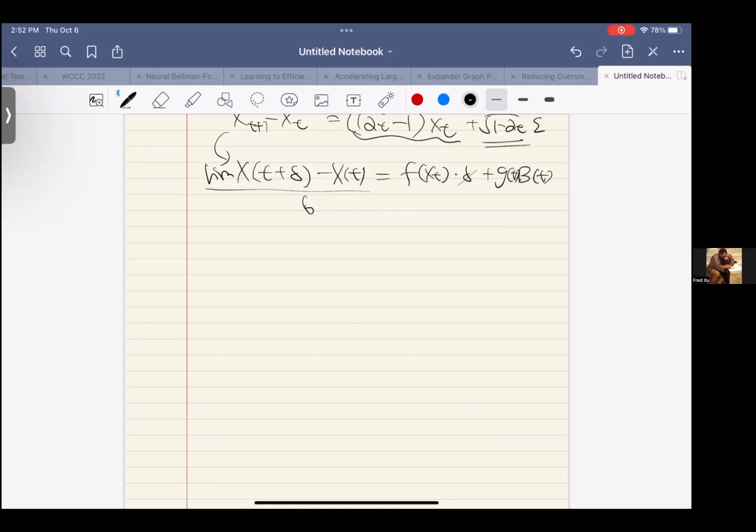If the time difference is very small, the Brownian motion measures how much difference in noise you have in this infinitesimal time step. This is something I'm still studying, but this form is actually well defined.